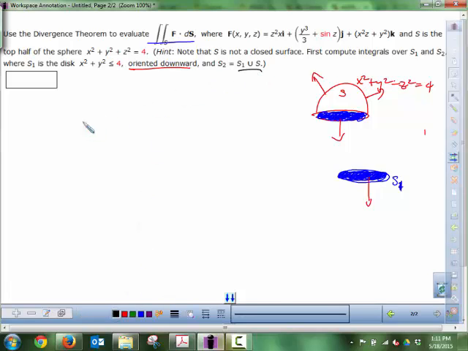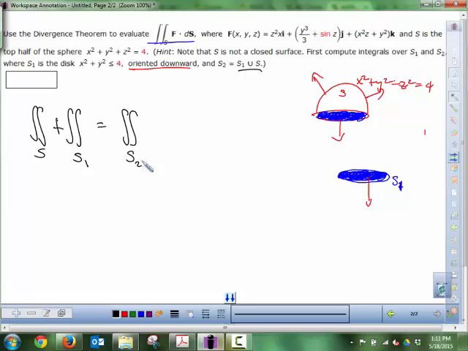So, this is what we want. This is the surface, the hemisphere. And then if we add on the S1, which is the disk, we're going to get a new surface we'll call S2.